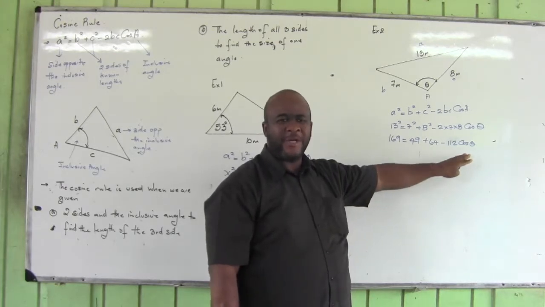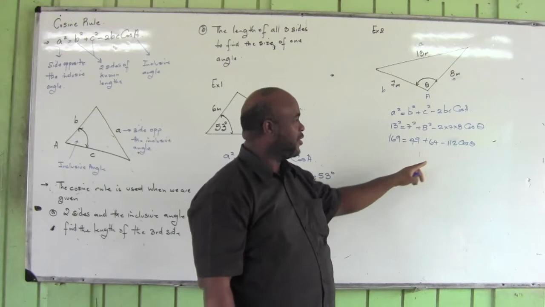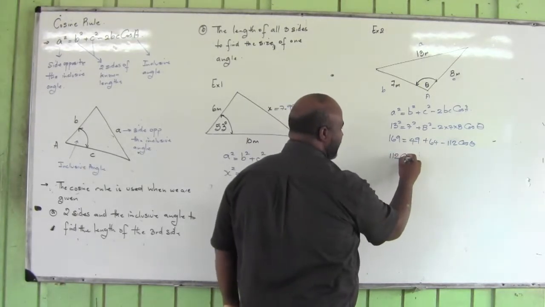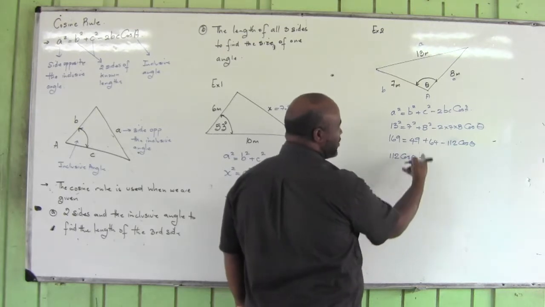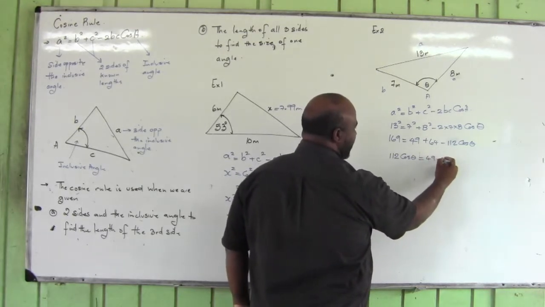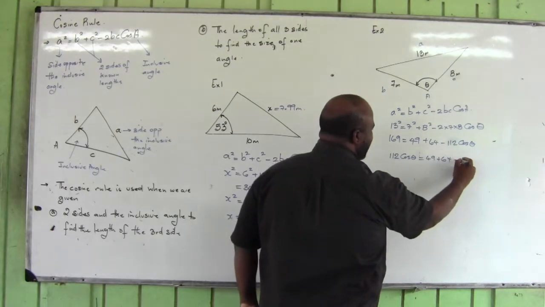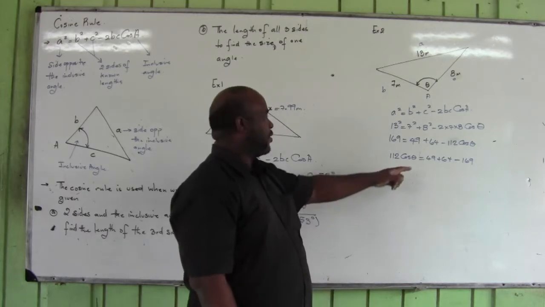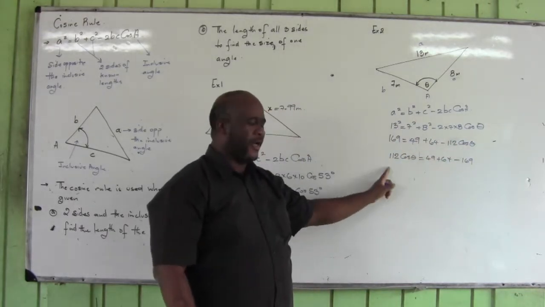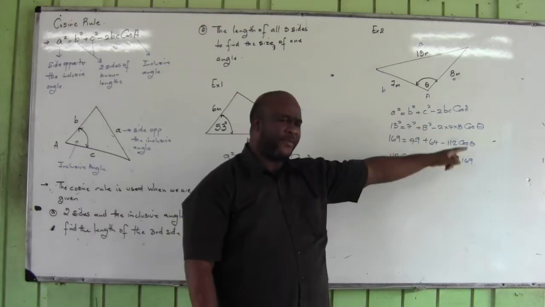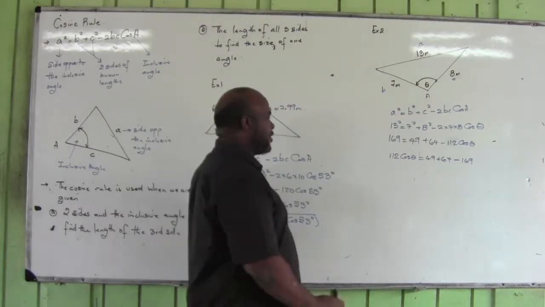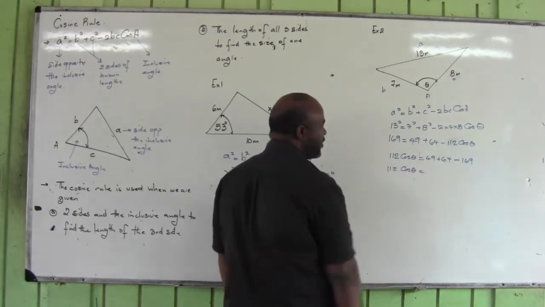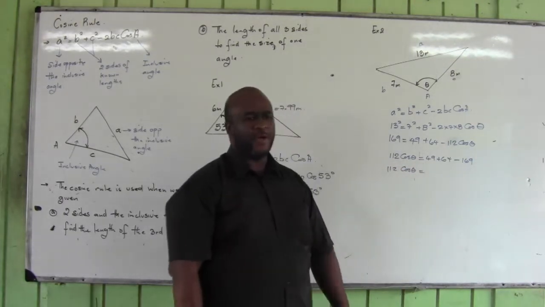I'm going to carry this over here to make it positive. 112 cosine theta is equal to 49 plus 64 minus 169. Negative comes over and becomes positive, positive goes over and becomes negative.